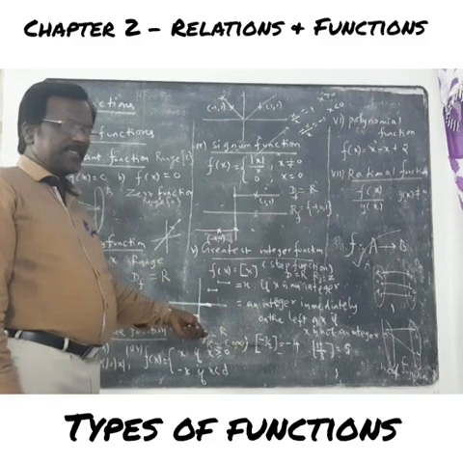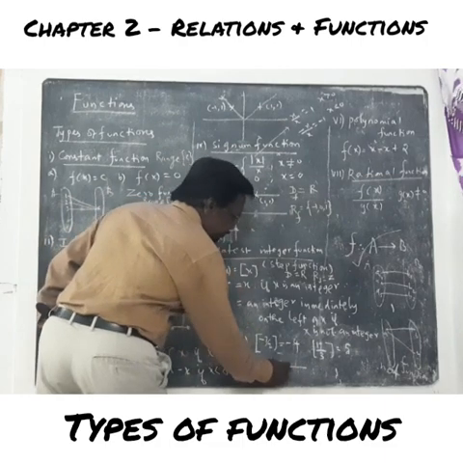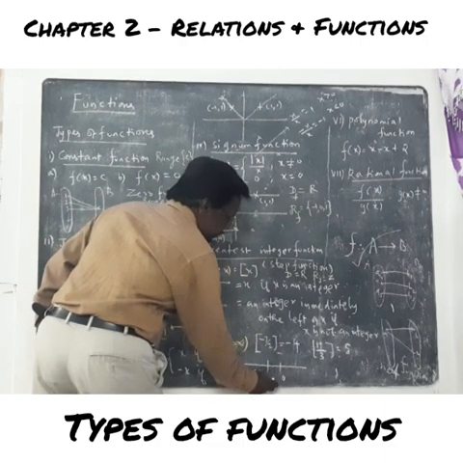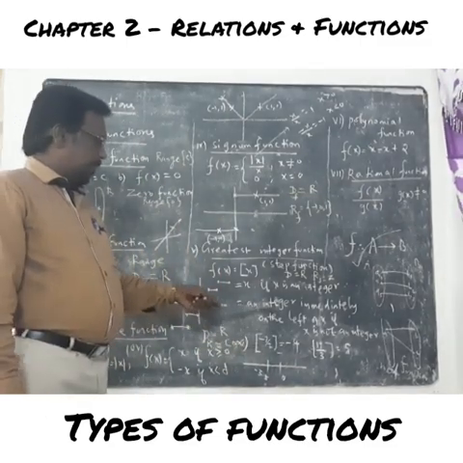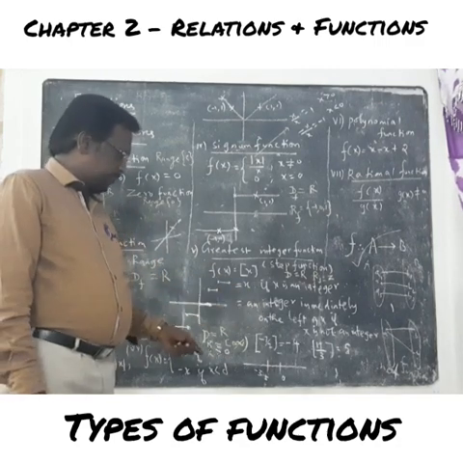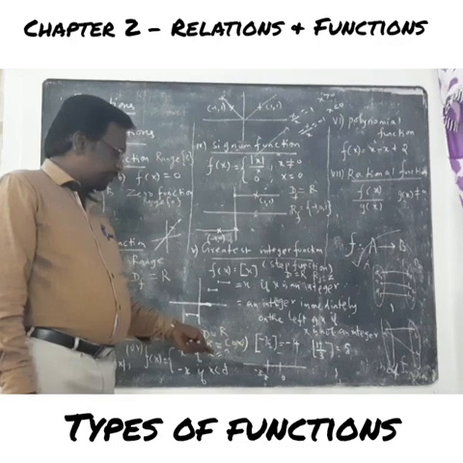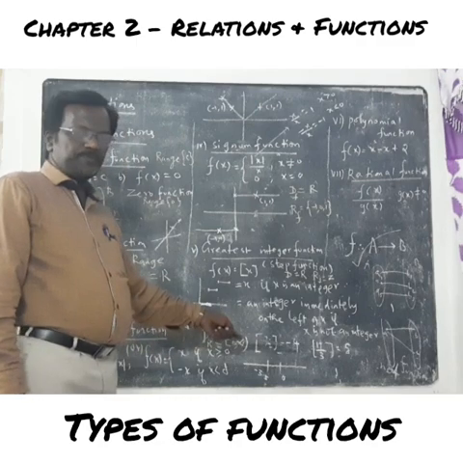Minus 7 by 2 is minus 3.5. The integer immediately on the left of minus 3.5, the nearest integer on the left, is minus 4.